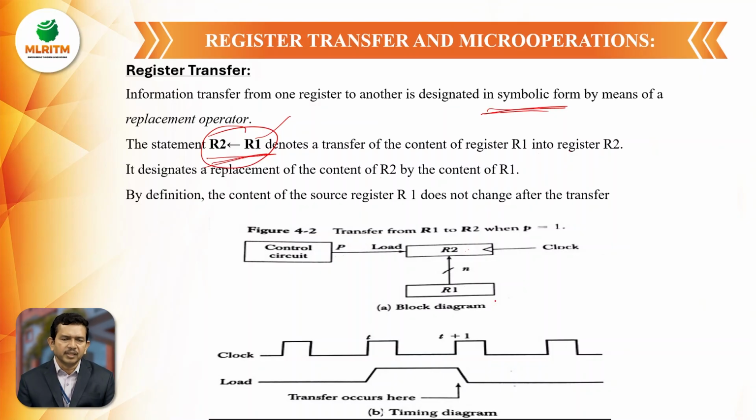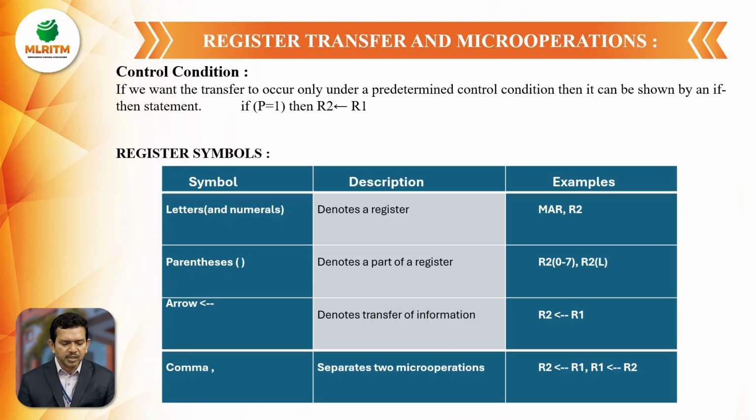In that way, we use the registers to transfer data from one register to another. These are the very basic symbols we have to use while the transfer of data between the two registers is going to happen.